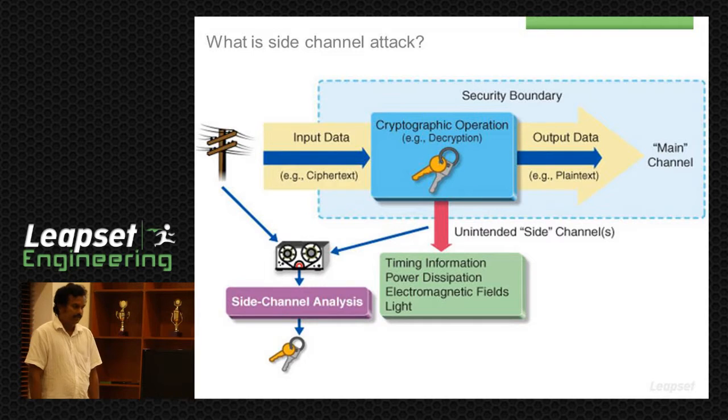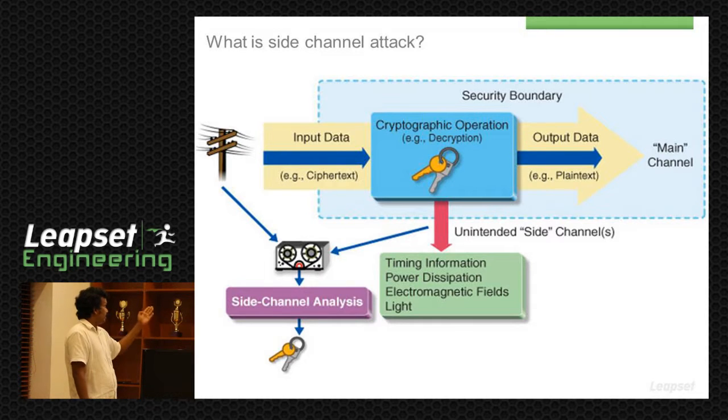But that's not the case. If an attacker has access to your ciphertext and he has sufficient facilities to extract data from these unintended channels, he can actually attack the computer and even find your secret keys.